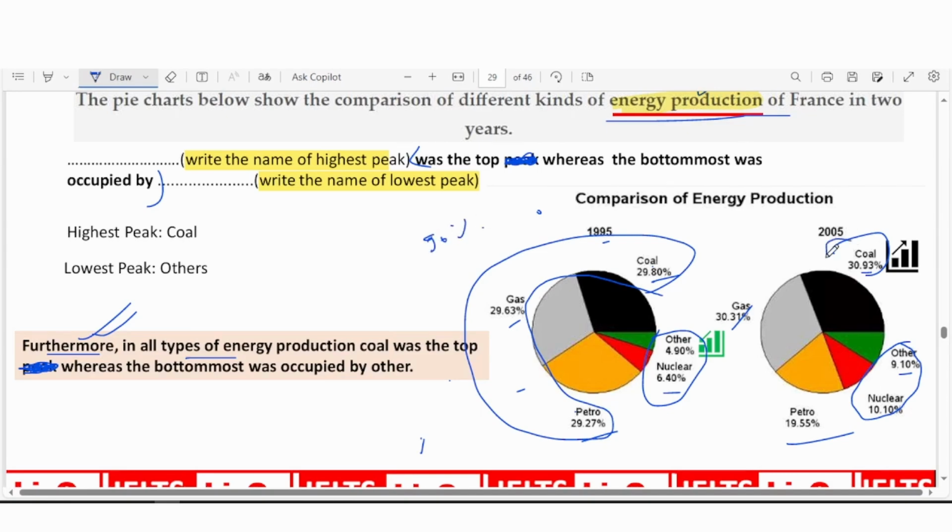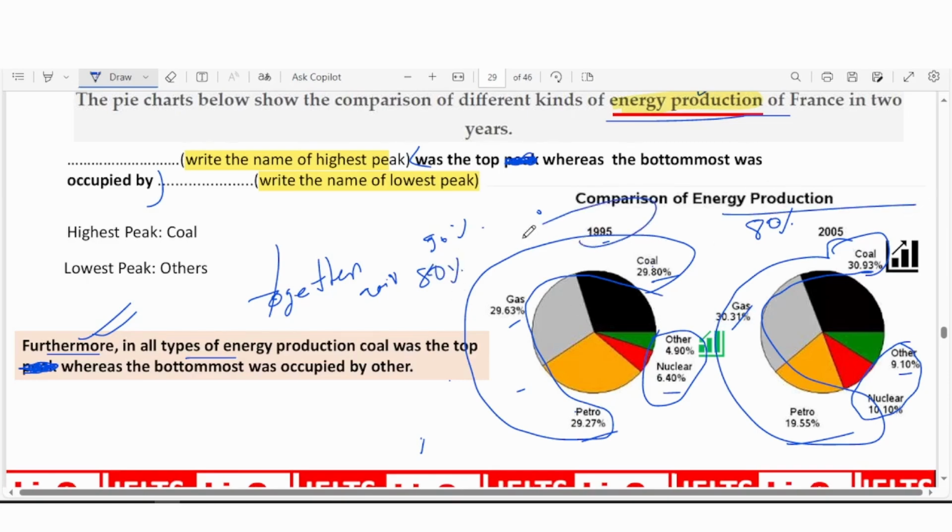And here gas, coal and petrol account for nearly 80%. Now we can create a sentence like: gas, coal and petrol together account for more than 80% of total energy production for both years. More than 80% for both years. Correct? That is one way of looking at the graph.